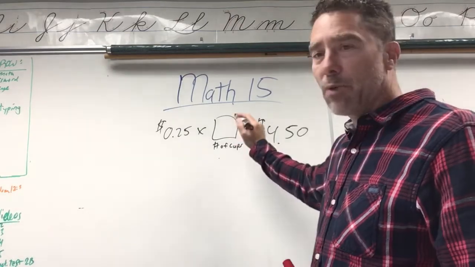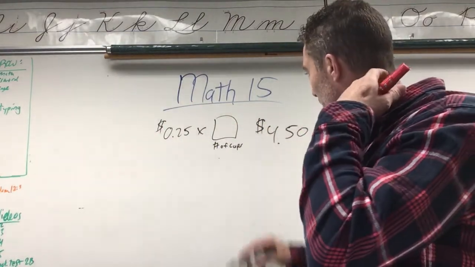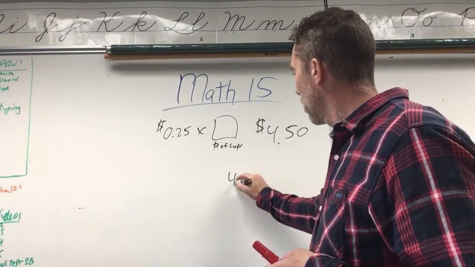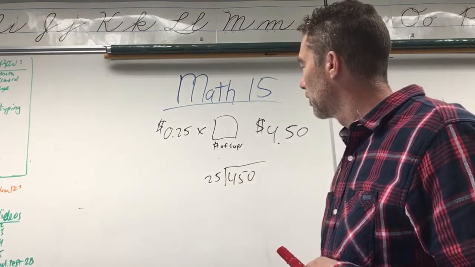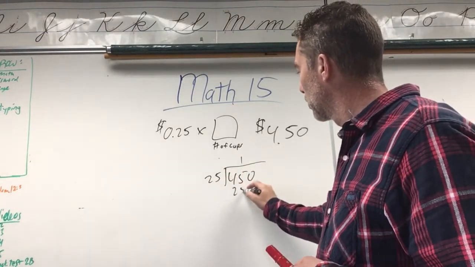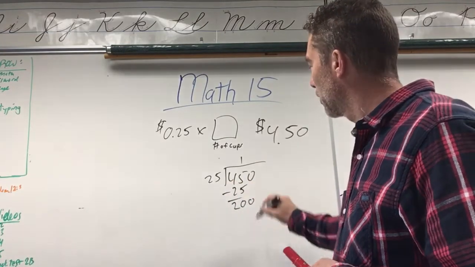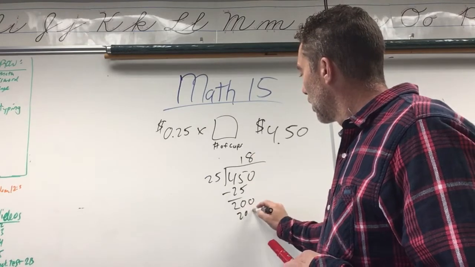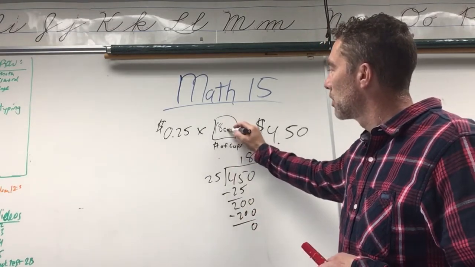So if I'm trying to find one of the little guys, I got to divide down. Now, to get rid of decimals, I could just go 450 cents divided by 25 cents and go into it that way. 25 goes into 45 once. I got 20, bring down the 0, 25 into 200 is 8. Exactly 18, so it's 18 cups.